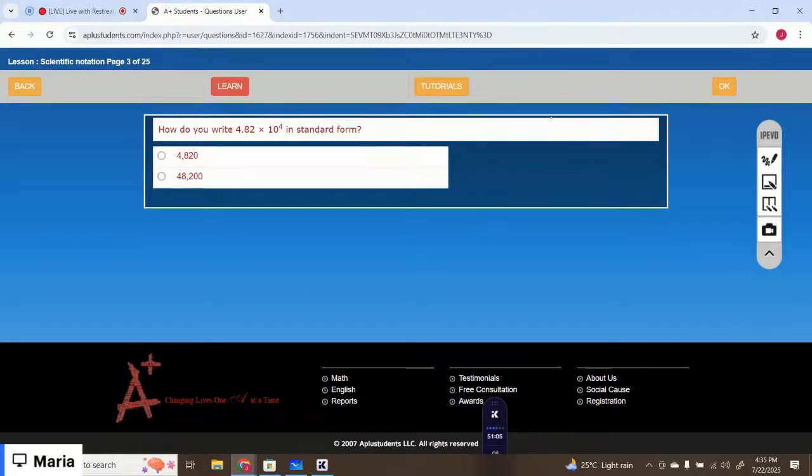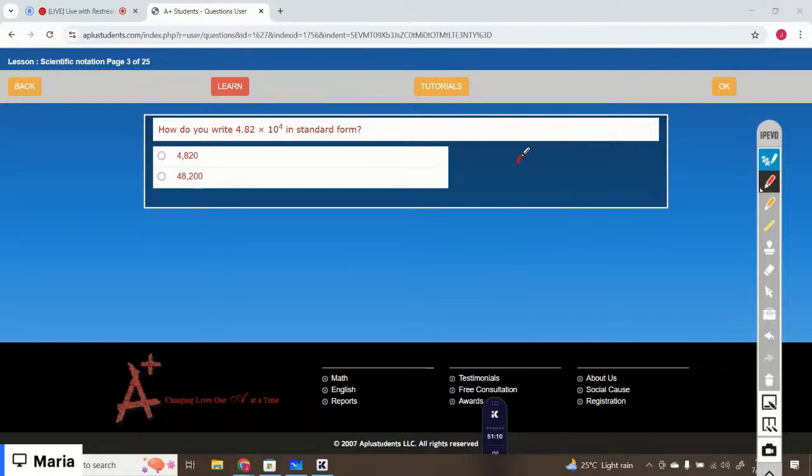How do you write 4.82 times 10 exponent 4? That is 4.82. Then you need to add two zeros. 1, 2, 3, 4.